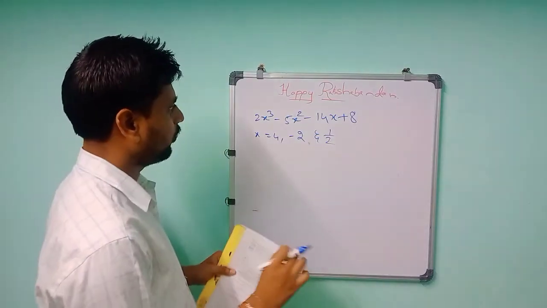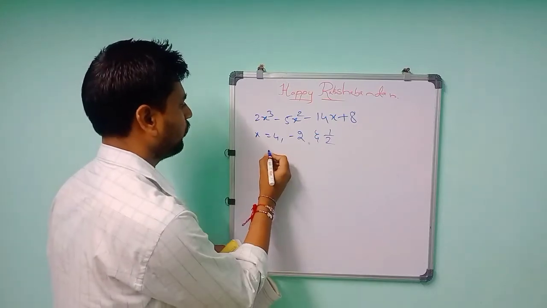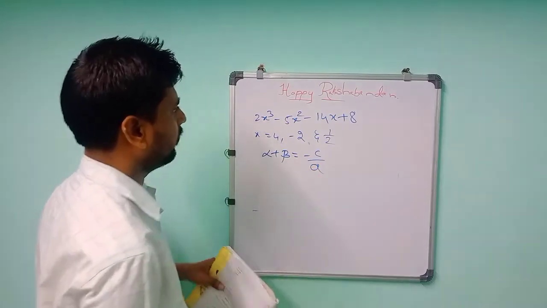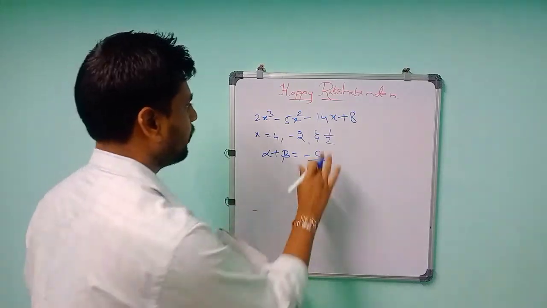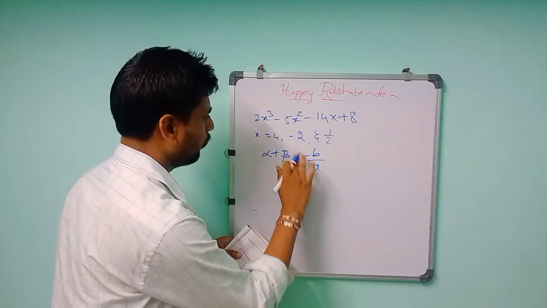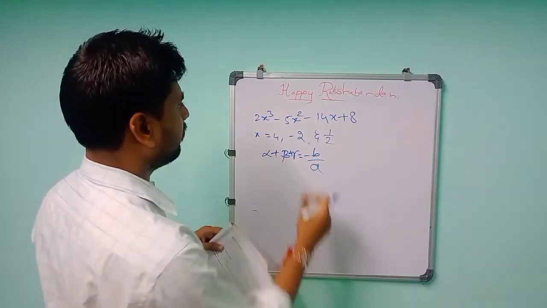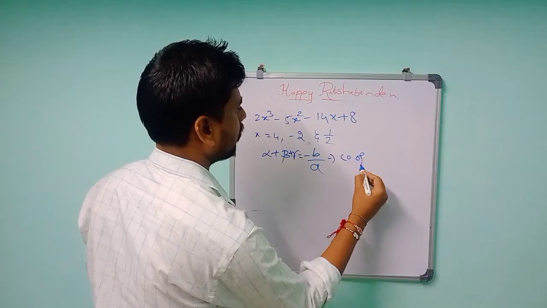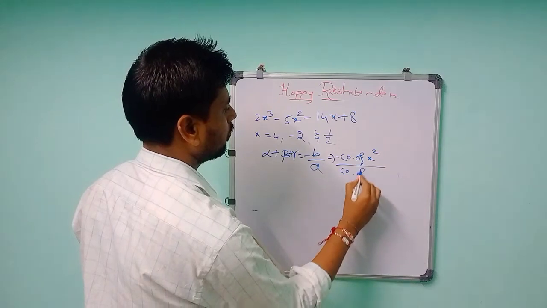You have to find the coefficients using the sum of the zeros and the product of the zeros. The sum of the zeros, alpha plus beta plus gamma, as there are 3, is minus b by a. Here b is the coefficient of x square, with a minus sign, and a is the coefficient of x cube.